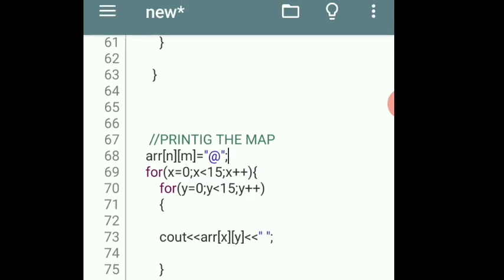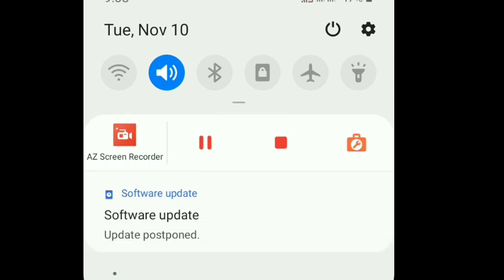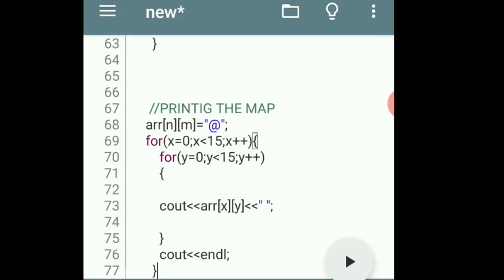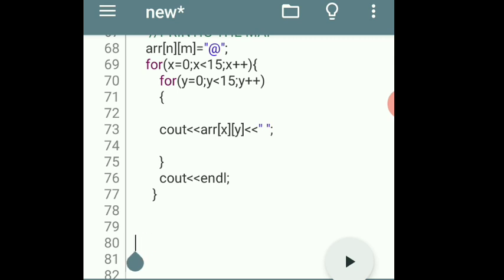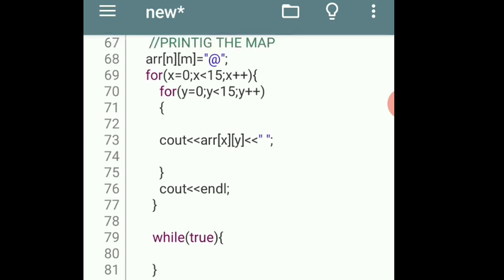Now, since we already have our Pacman, what we want to do is make it move. So in order to do that, let's make a while here. Let's say while true, which means an infinite loop.